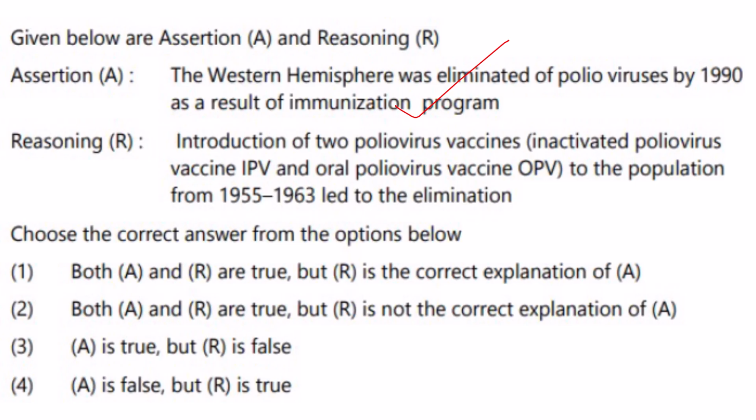So the introduction of two polio virus vaccines, that is inactivated polio vaccine IPV and oral polio vaccine, to the population from 1955 to 63 led to the elimination. That is the correct reason for the assertion. So both A and R are true, and R is the correct explanation of A.